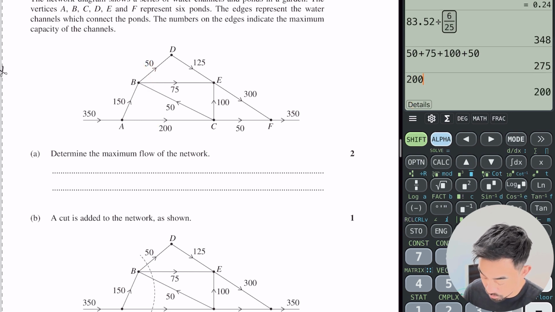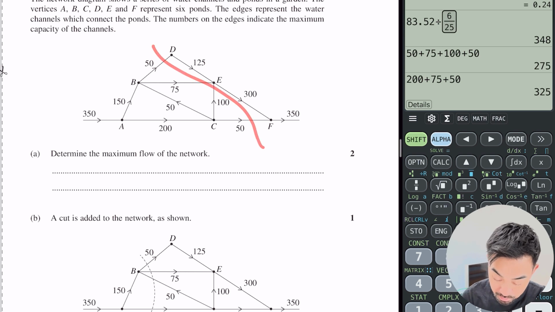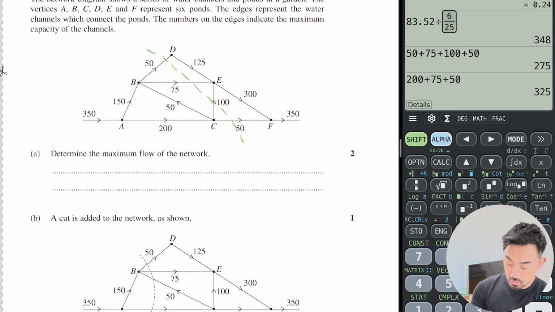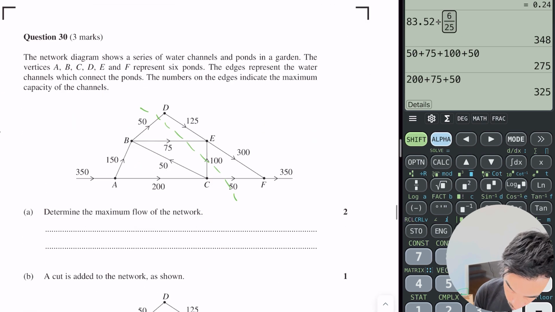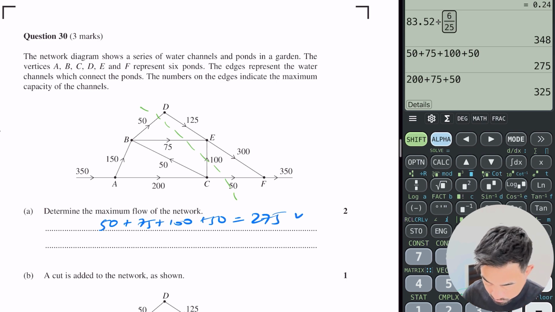So 200 plus, we're not going to count that middle 50 because it's going backwards, plus 75 plus 50. That's 325. So also, no, I think it's going to be this one, 275. So let me draw that in. So yeah, 50 plus 75 plus 100 plus 50, 275.